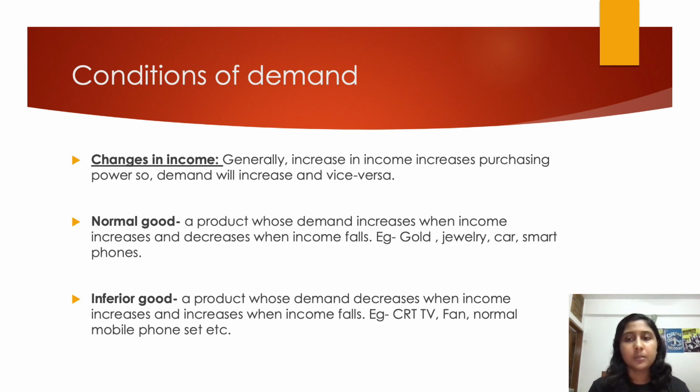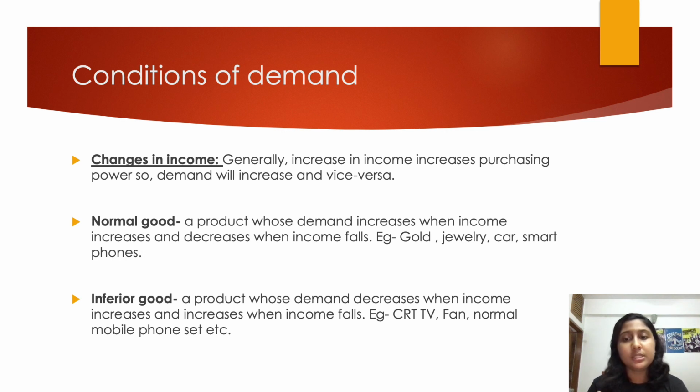So why are we saying this? Now, changes in income happen. Usually demand increases when our income increases, because our power to purchase more things increases, right? And if we don't get a sufficient salary, our demand will not be that much because we don't have that much money to buy things. So when income increases, demand increases for normal goods like jewelry and cars.